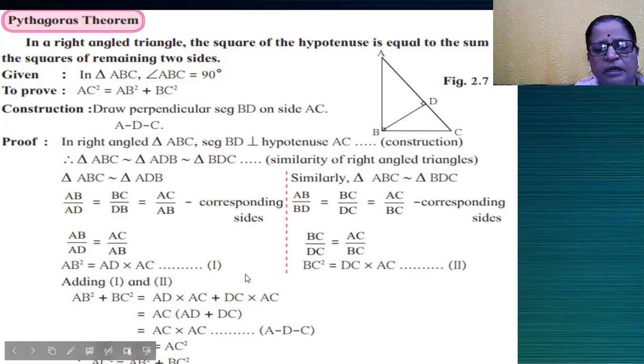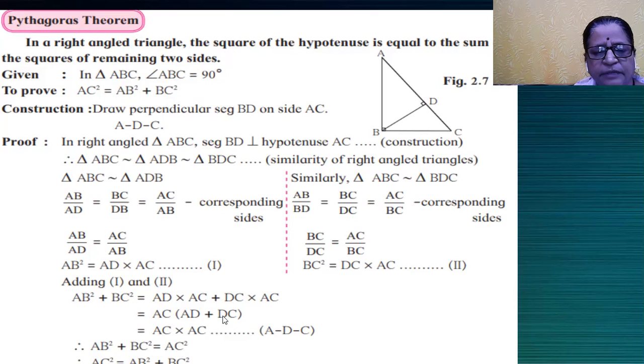Then we add equations 1 and 2. AB square plus BC square is equal to AD into AC plus DC multiplied by AC. Here AC is common, so AD and DC remain: AD plus DC.